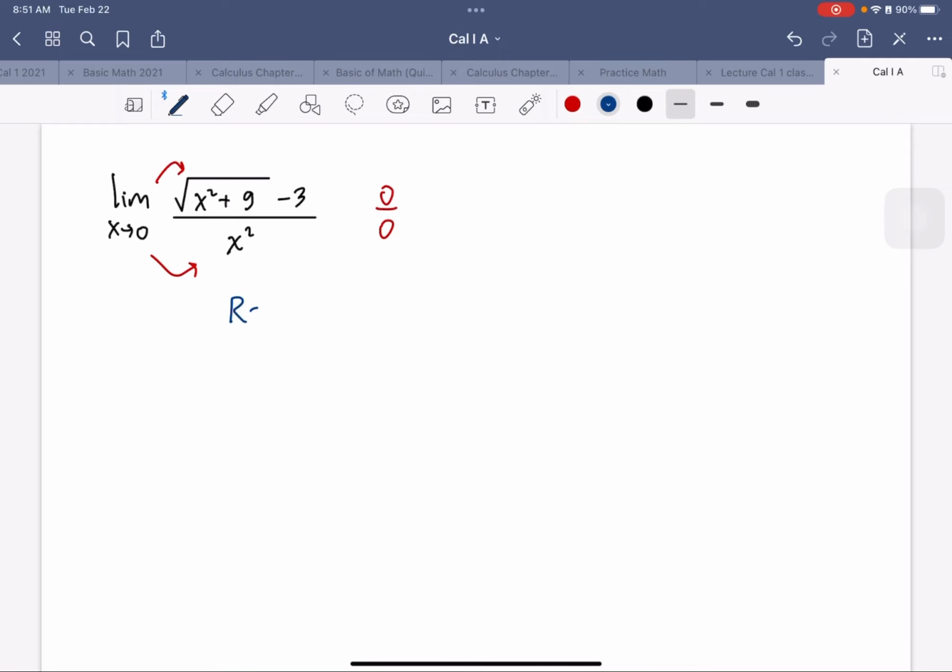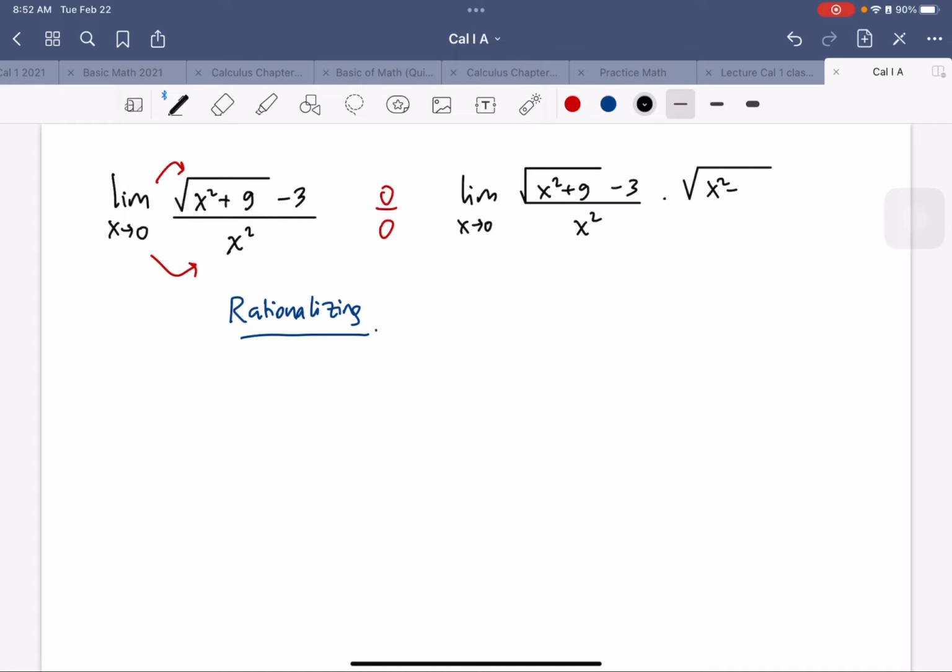This is called rationalizing. The way we are going to do it is we are going to multiply the numerator of the limit with its conjugate.